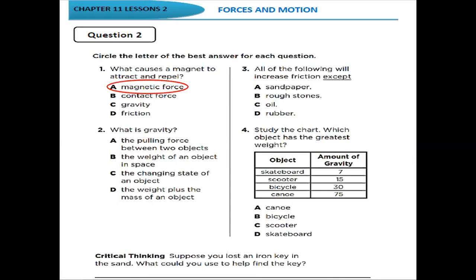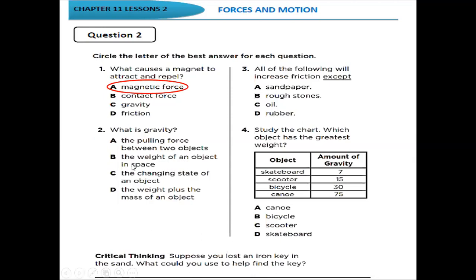Number 2, what is the gravity? Is it the pulling force between two objects? Or is it the weight of an object in space? Or is it the changing state of the object? Or is it the weight plus the mass of an object? If you don't know the answer, we can exclude.